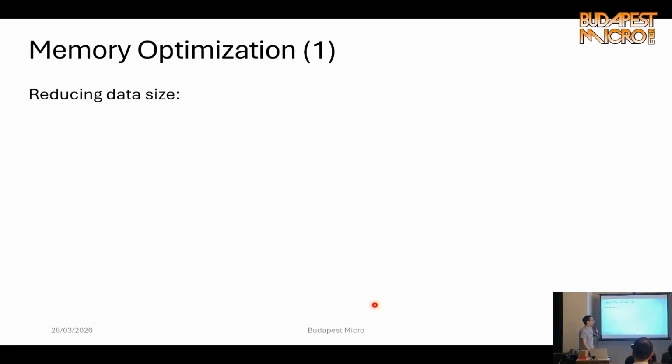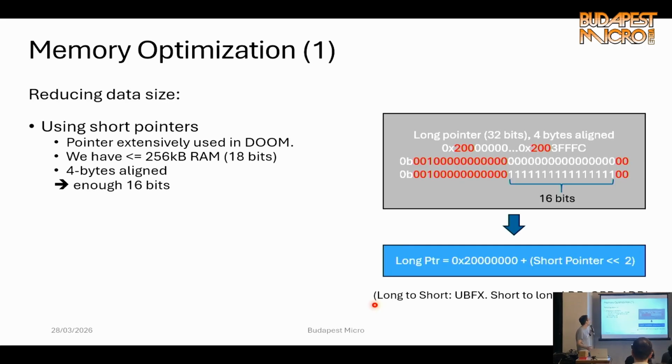So first is, of course, reducing data size. How? Doom uses pointers extensively, but we have only a quarter megabyte or less of RAM, so we have only 18 bits. But all the allocations are 4 bytes aligned, so basically we have only 16 bits.